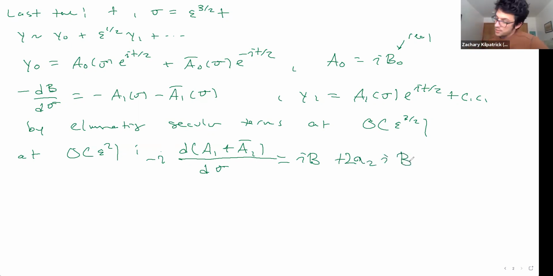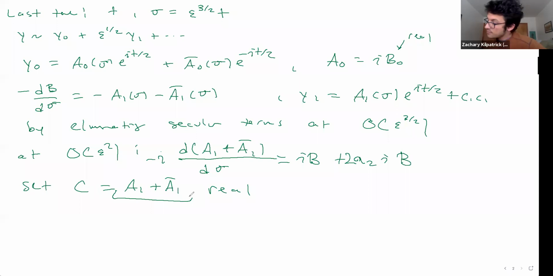Okay, so if we set C equal to A1 plus A1 bar, real, right, because we should get cancellations when we sum up the conjugates, then we end up with dB/dsigma is equal to C of sigma.